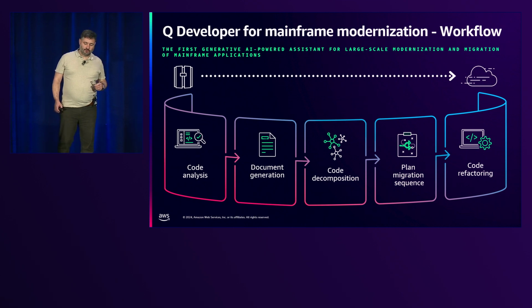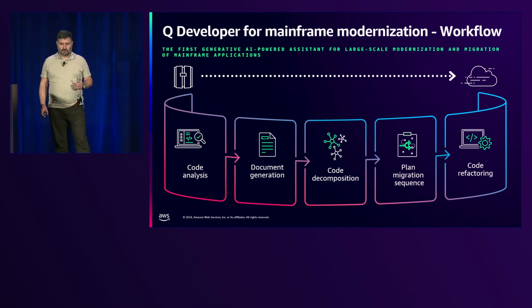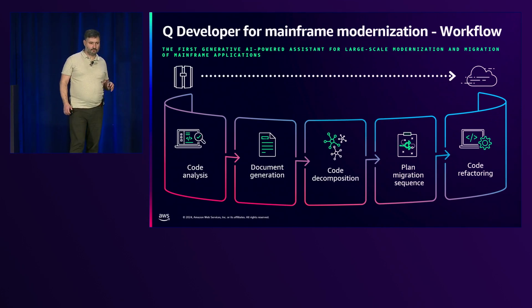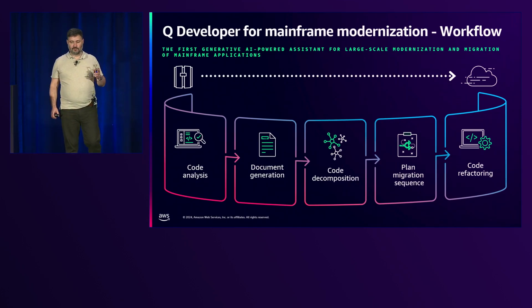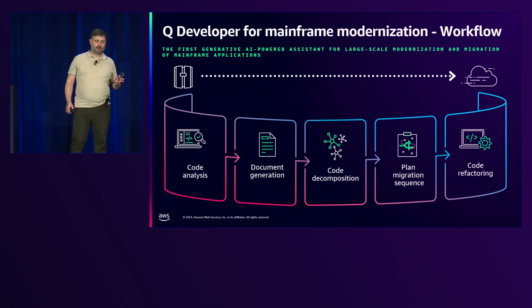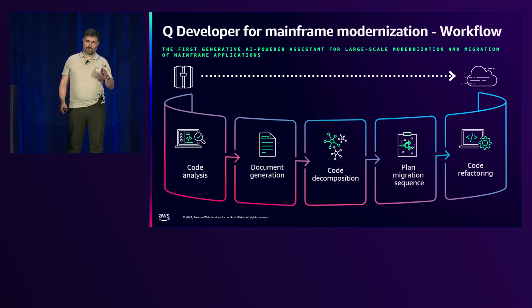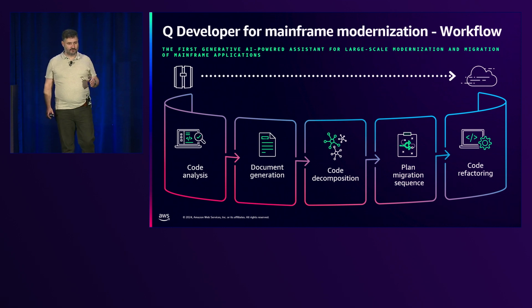Q Developer transformation for mainframe is an agentic system made of two main things: an advanced orchestration layer, which combines specialized mainframe agents.